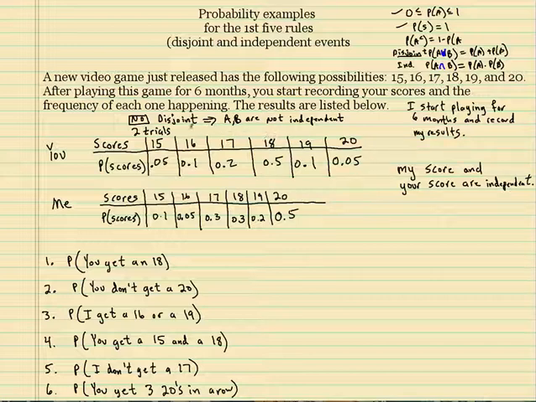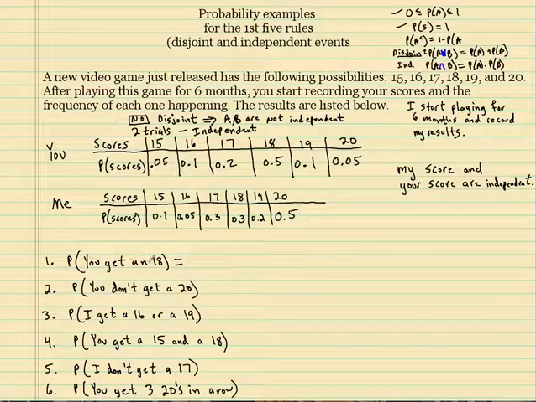So that means that two consecutive trials are independent. And I'm just telling you that, okay? And my score and your score are independent, meaning that we played totally different. I have nothing to do with your scores.